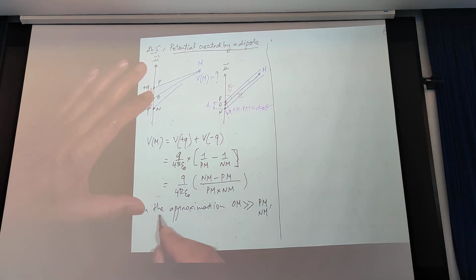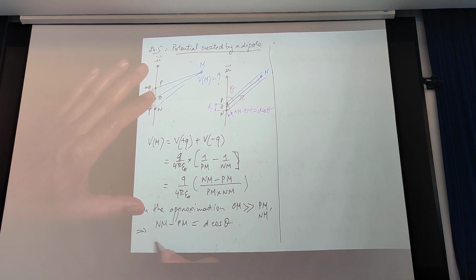In this approximation, NM minus PM equals d cos theta, and of course PM times NM equals R squared.